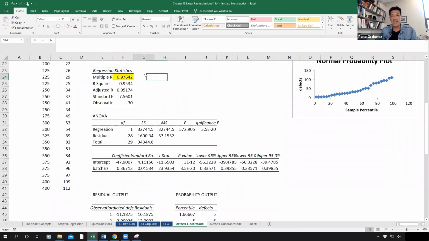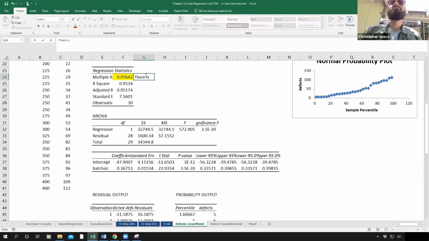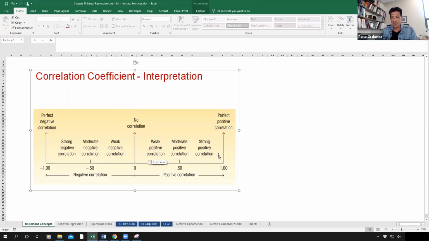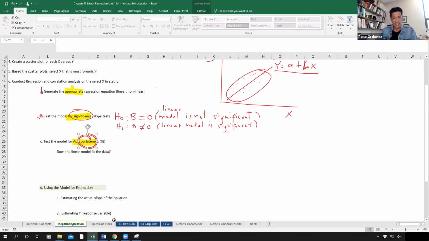What words would you use to describe the resulting R value? Strong and positive. Not only strong, but close to 1. Perfect. Not perfect. Well, perfect would be 1.0. Almost perfect.